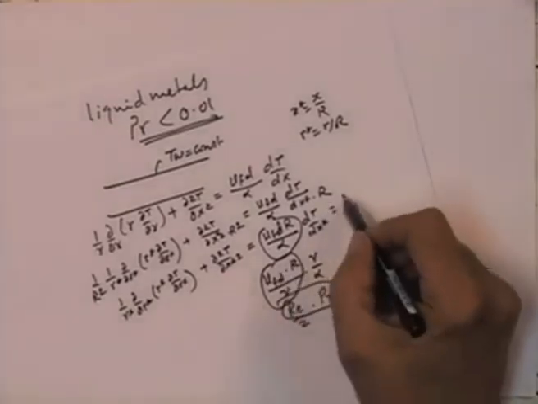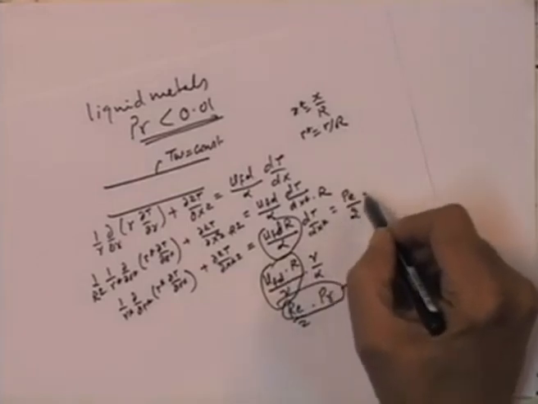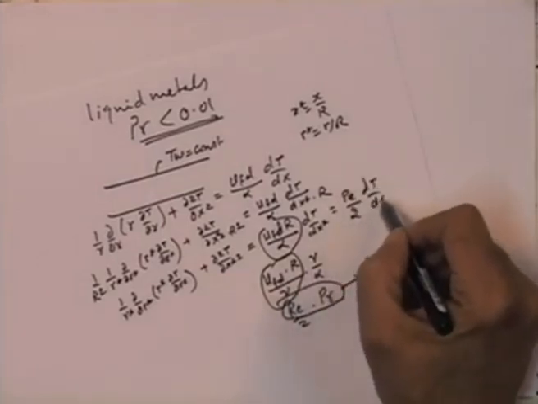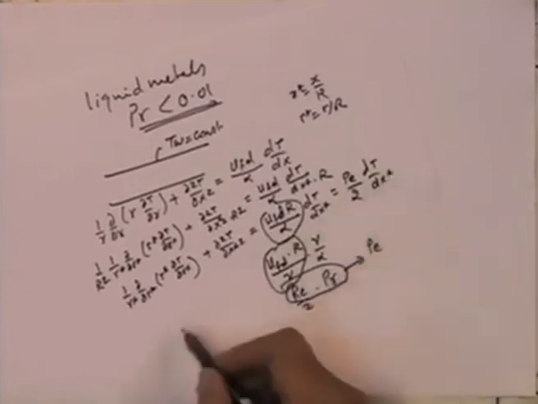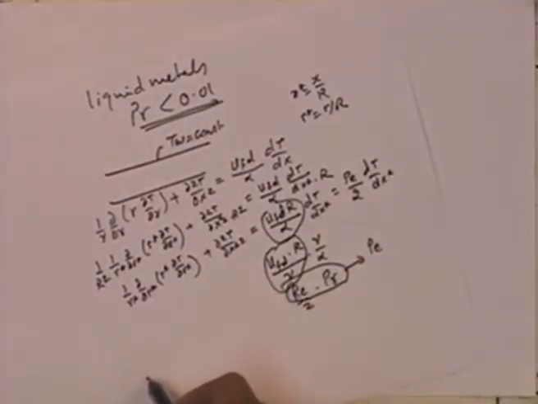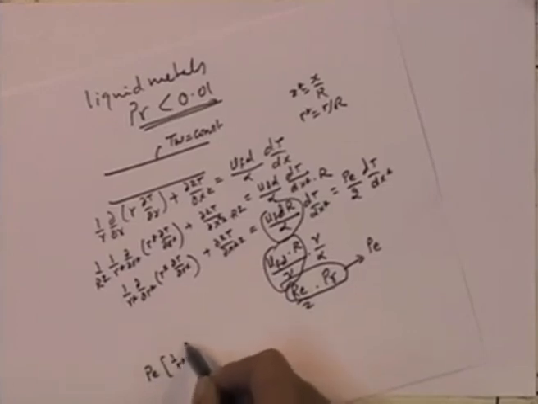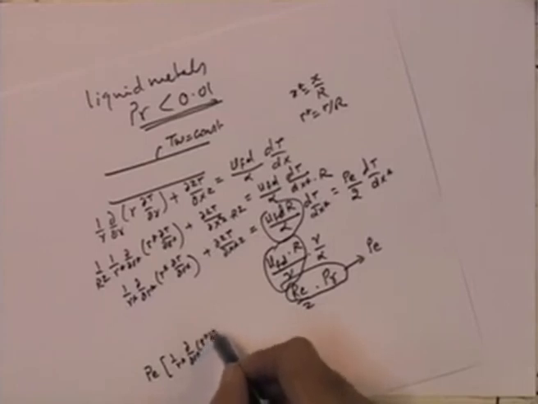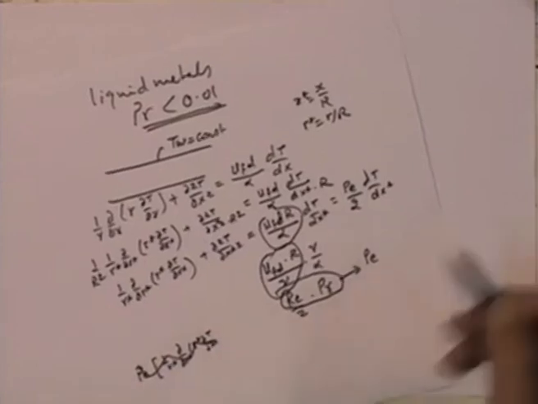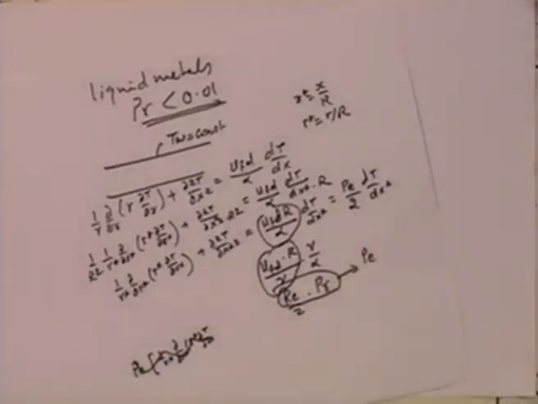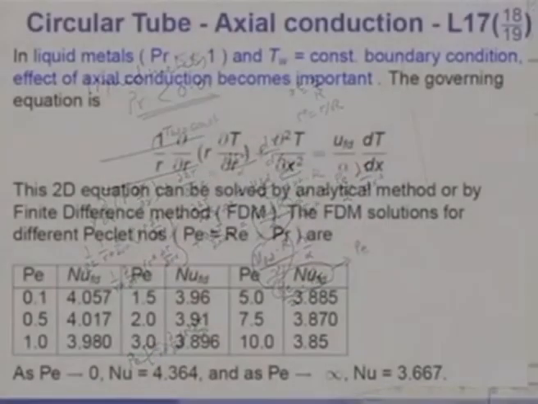So, this is essentially Peclet number divided by 2 dt by dx star, and therefore, the equation can be written as Peclet number into 1 over r star d by dr star r star dt by dr star and so on and so forth. So, the Peclet number essentially determines the behavior of the solution.